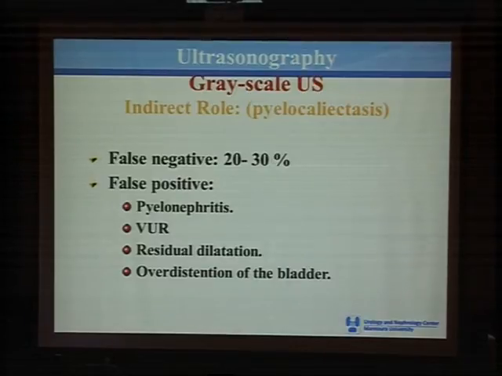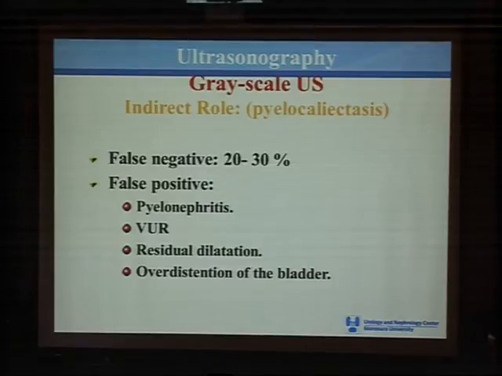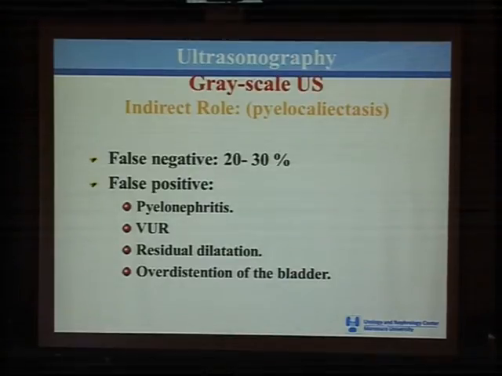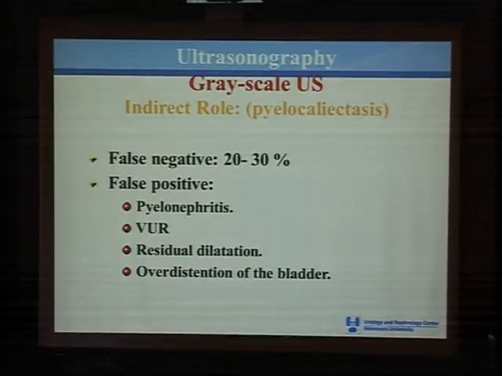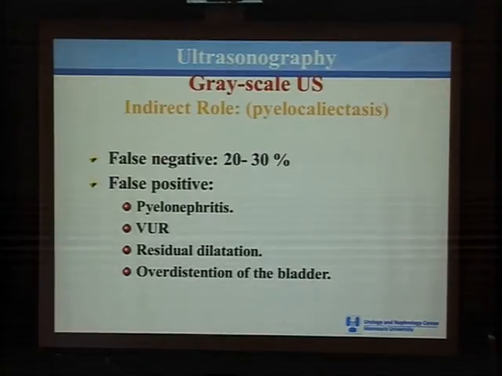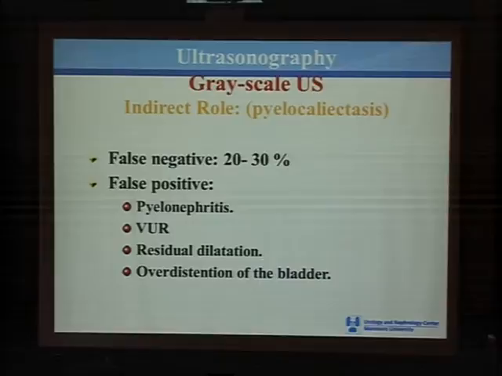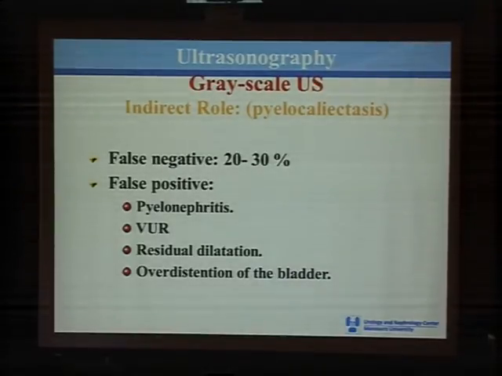Because obstruction is not the only cause of dilatation of the pelvicalyceal system. Other causes include pyelonephritis, vesicoureteral reflux, residual dilatation after relief of obstruction, and overdistension of the bladder.